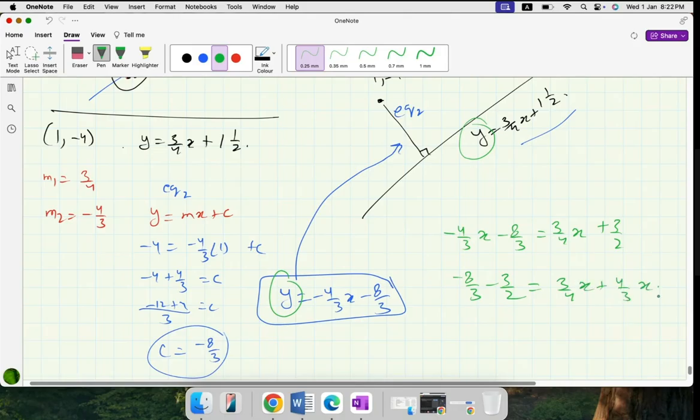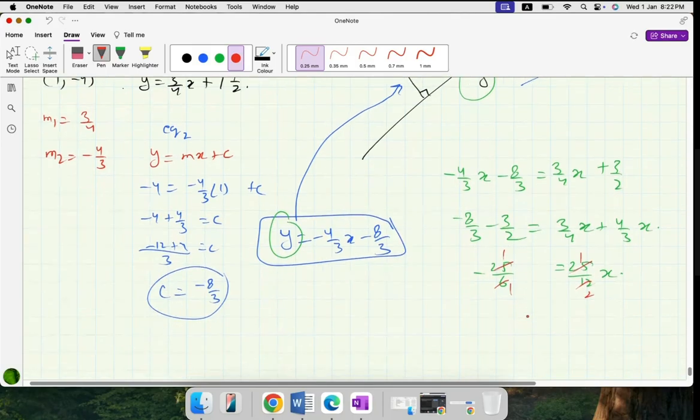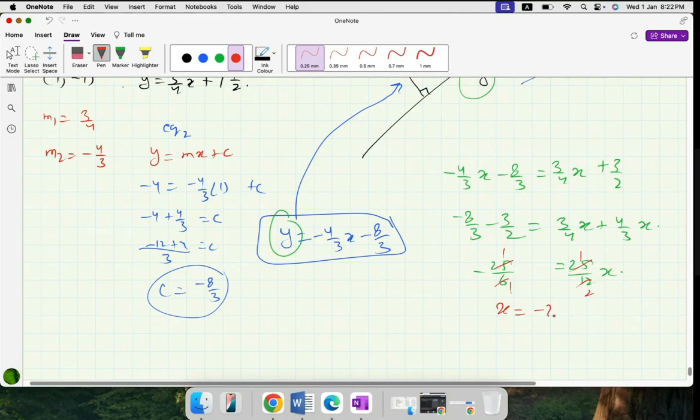I'm using the calculator. 3/4 plus 4/3 is giving me 25/12. Left hand side, 8/3 and 3/2 is giving me 25/6. I can solve for x. x is equal to -2.